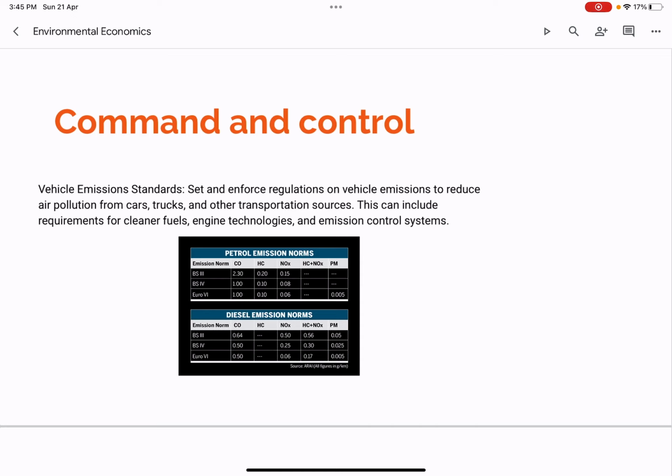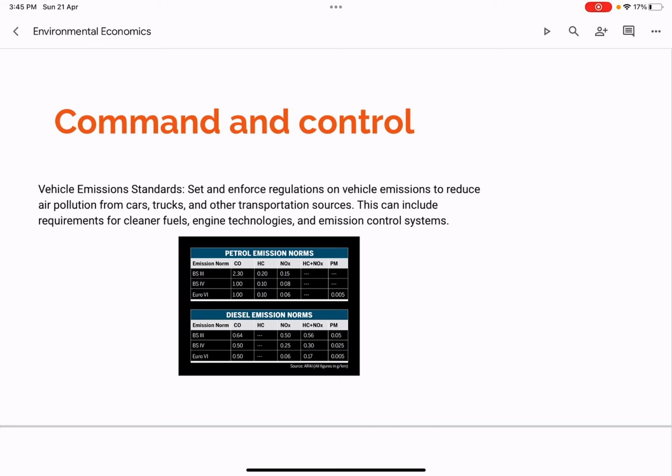You have EPA norms in the USA, you have Bharat norms in India, and so on. What are those norms? These norms are simply regulations, or caps on vehicle emissions for different categories of vehicles: cars, trucks, and other transportation sources.